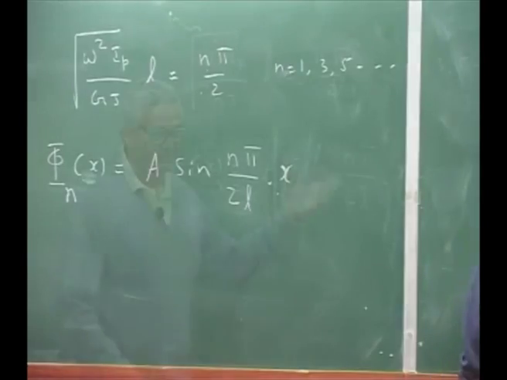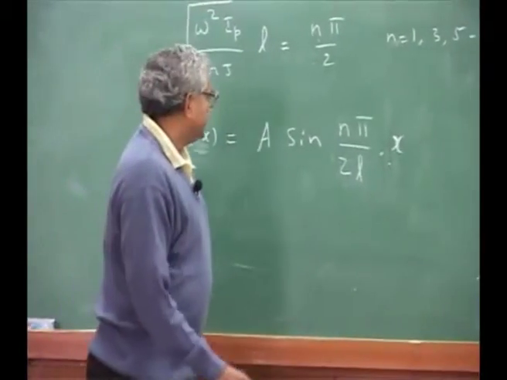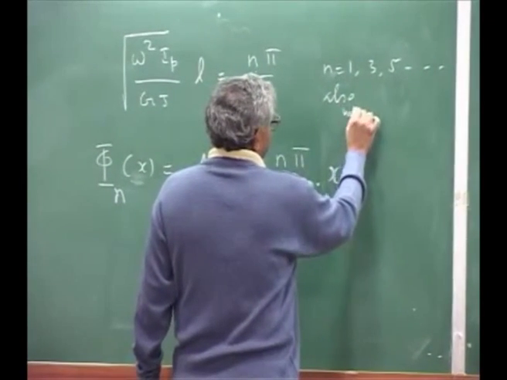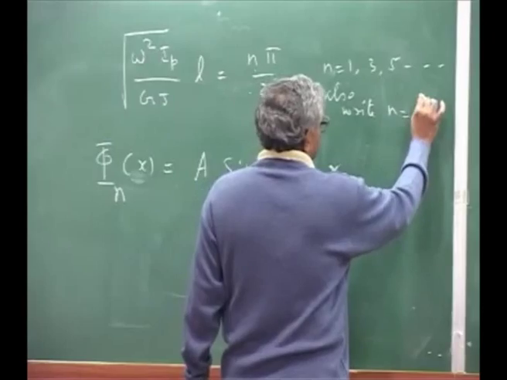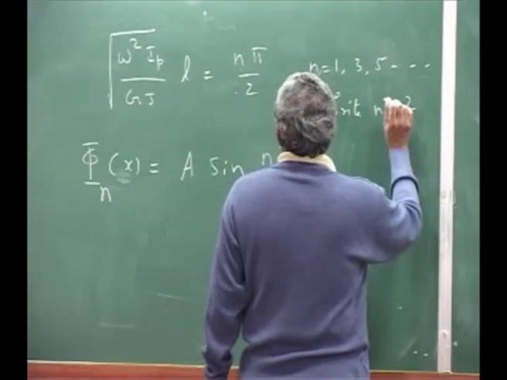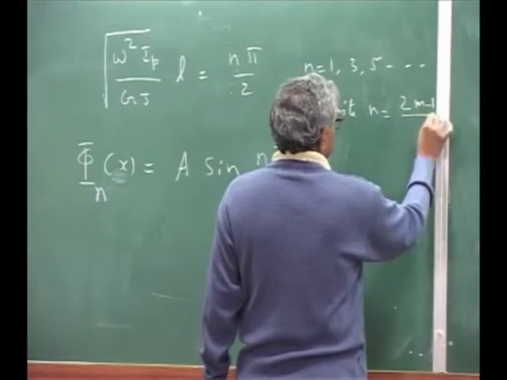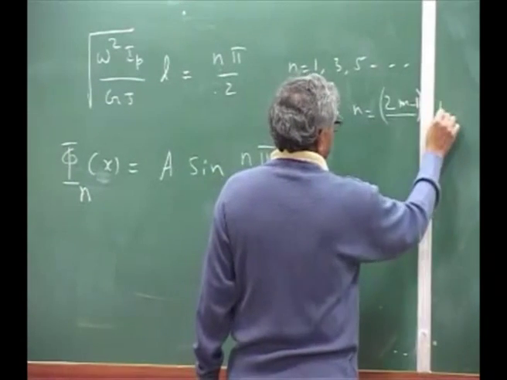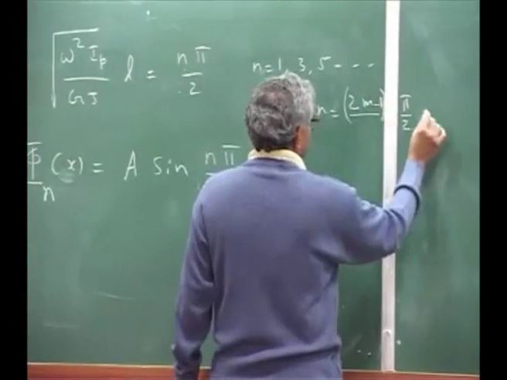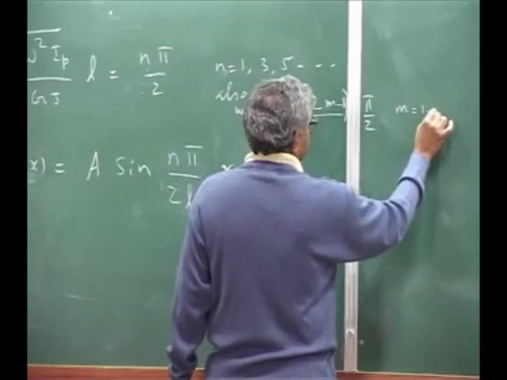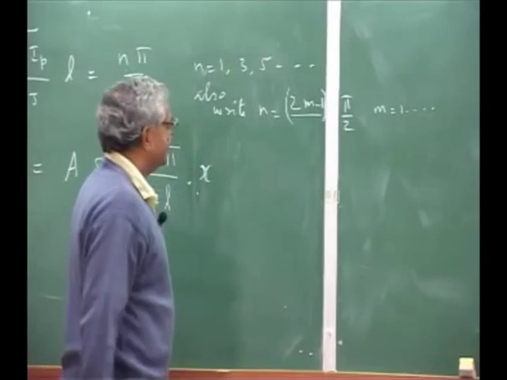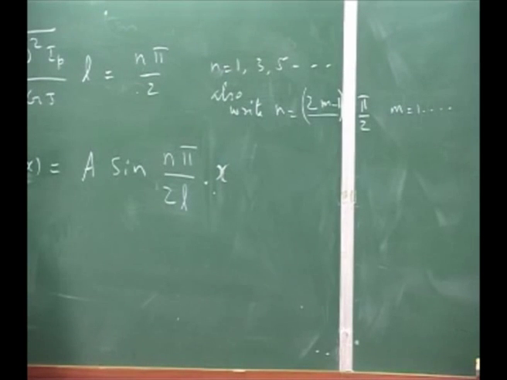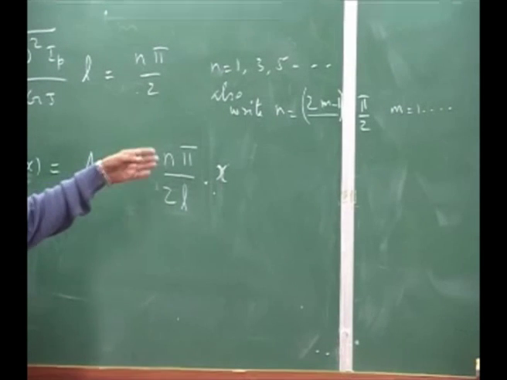Or you can also write n equals (2m minus 1) times π/2, where m runs from 1. For 1 it is π/2, for 2 it is 3π/2.